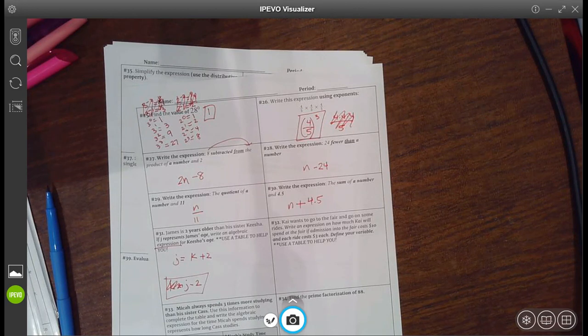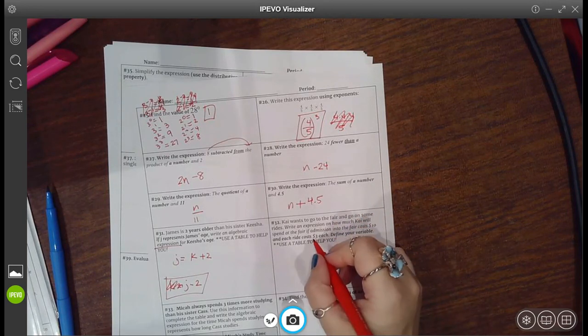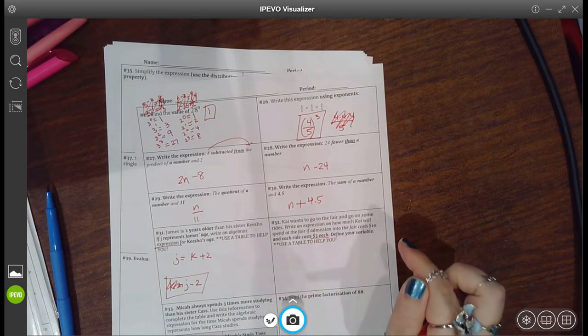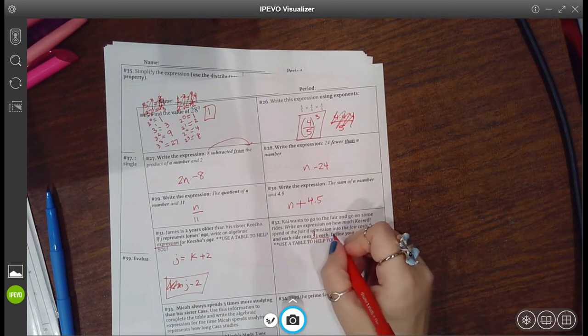Okay, the next one says Kai wants to go to the fair and go on some rides. Write an expression on how much Kai will spend at the fair if admission into the fair costs $10 and each ride costs $3. Define your variable. Use a table to help you. Remember that "per" or "each" tells me it's the y per x.